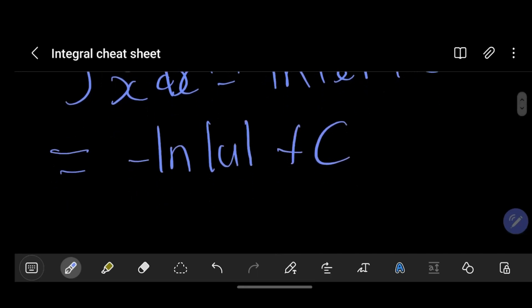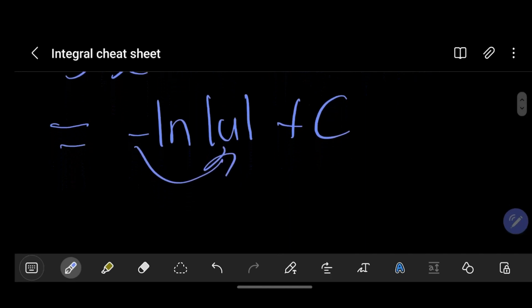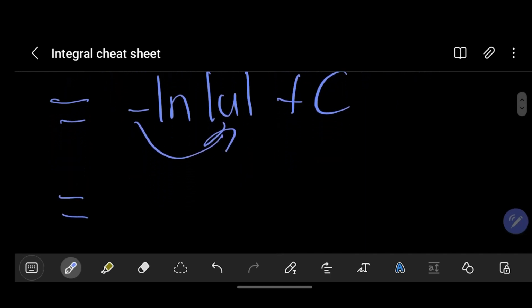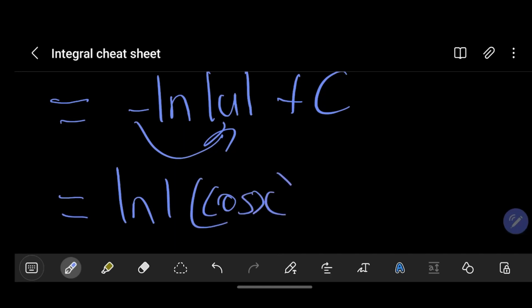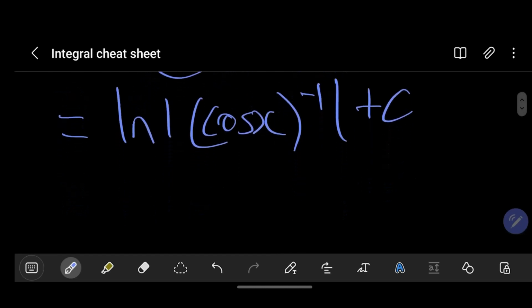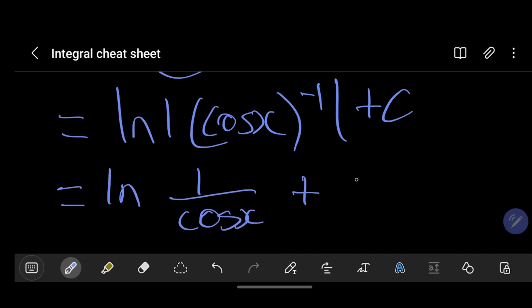And ln gives us the opportunity to move the minus inside, so this is now equal to ln of cos of x raised to the minus 1 plus c. Okay, so that's simply ln of 1 over cos of x plus c.